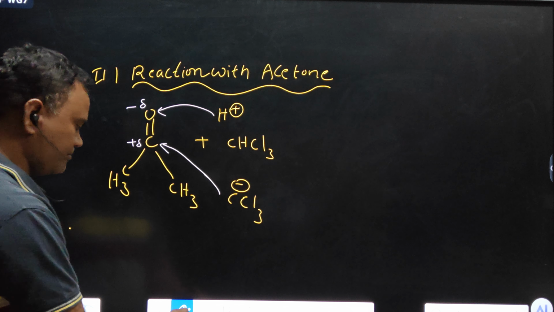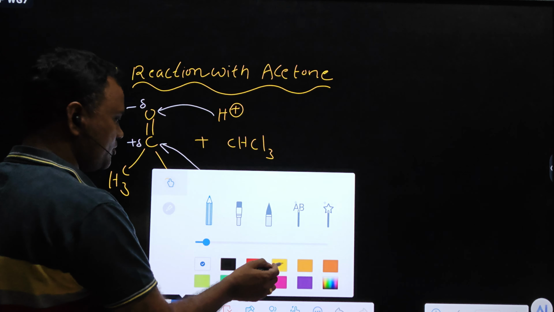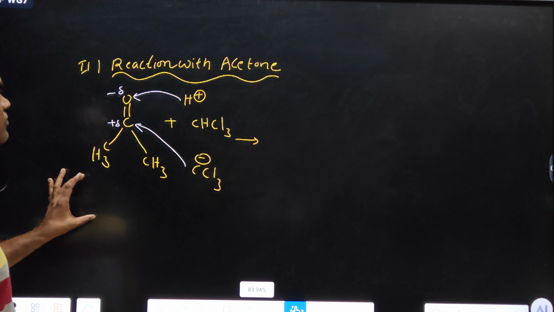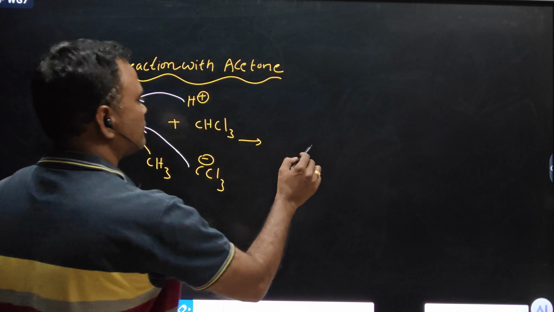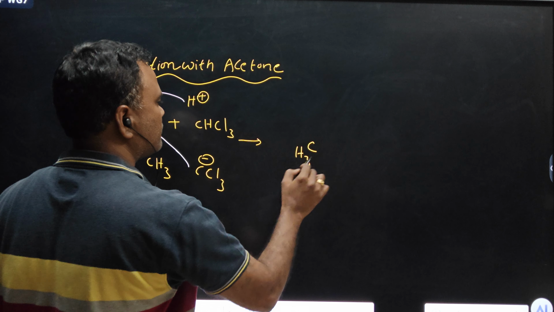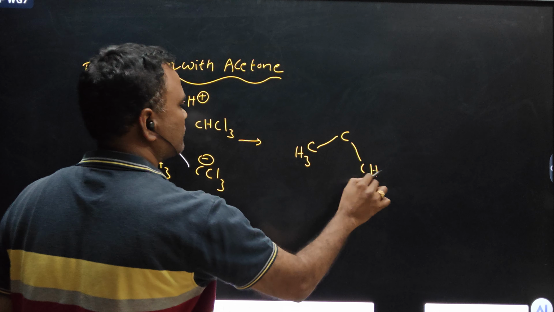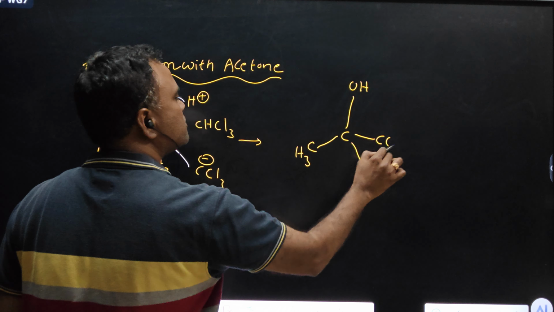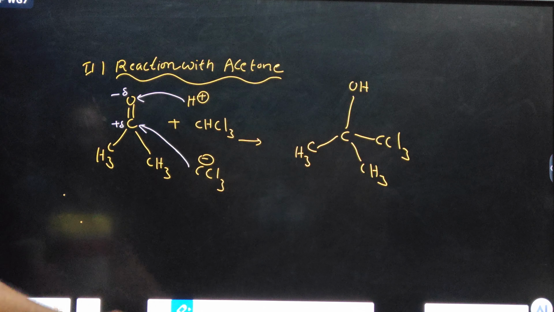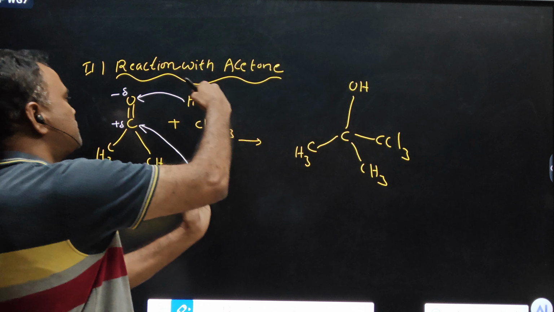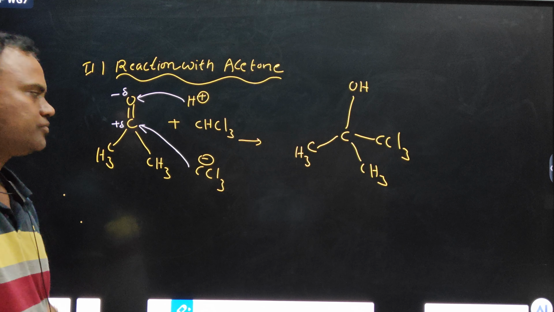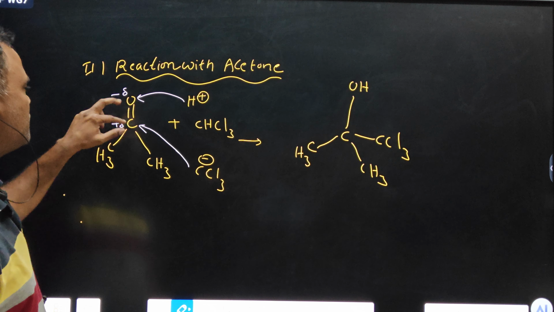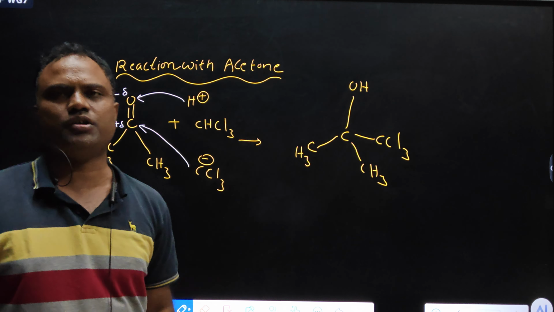This leads to the formation of the adduct. CCl3 and OH, just opposite charges add together. Negative adds to positive, positive adds to negative. During addition, the double bond may become a single bond.